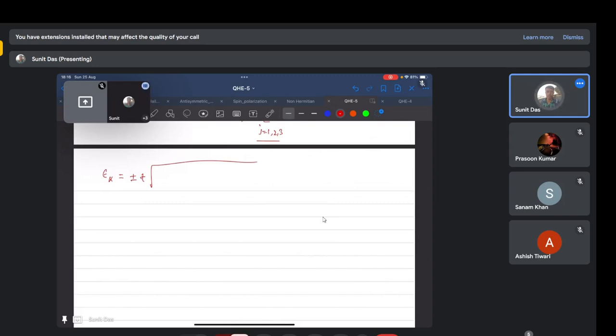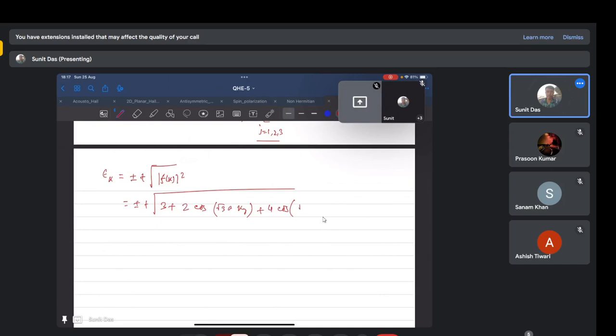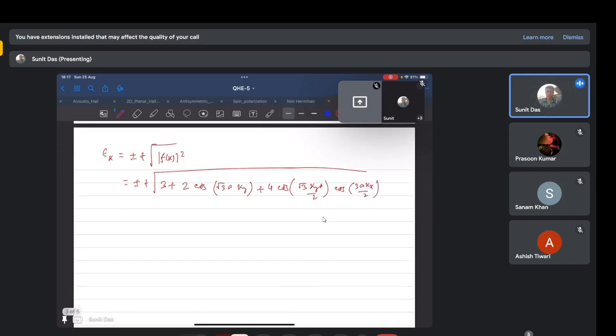So let me write the first line: mod of f of k squared, which is 3 plus 2 cos root 3 a ky plus 4 cos root 3 ky a by 2 and then cos 3a kx by 2. So this was the tight binding Hamiltonian. Okay.